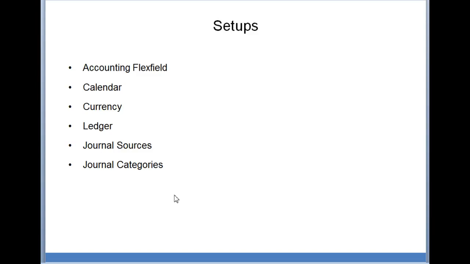We will cover accounting flexfield definition, calendar definition, currencies, ledgers, and then we will also cover journal sources and journal categories setup. We will see how the setups are done, and what things are mandatory in these setups. Thank you very much for this session, and very soon we will start the system hands-on training.